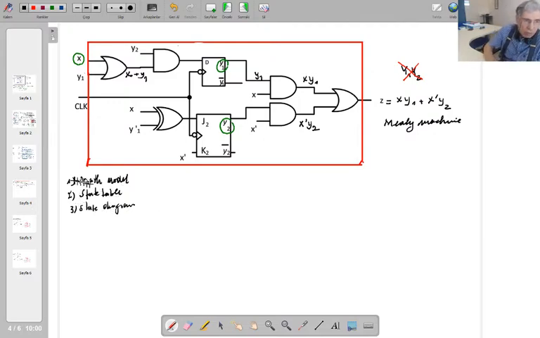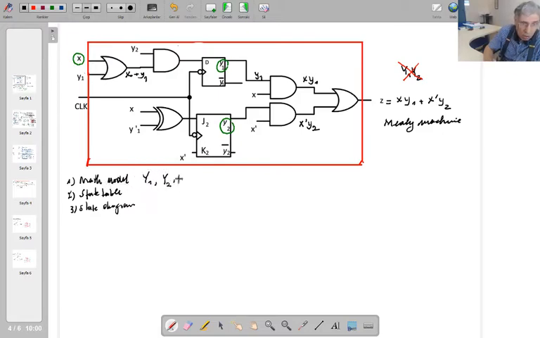So let's start with the first one, the mathematical model. The mathematical model is to find out capital Y1 and capital Y2, the dependent variables, that means functions. Capital Y1 and Y2 are not seen in the Z function, but we are going to find them out in this mathematical model.